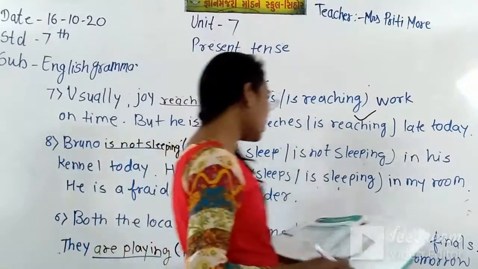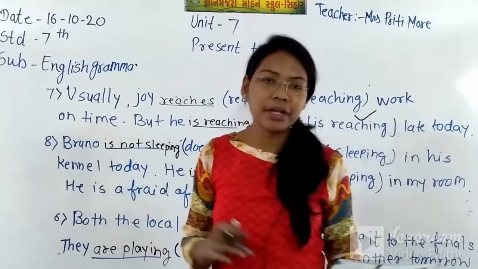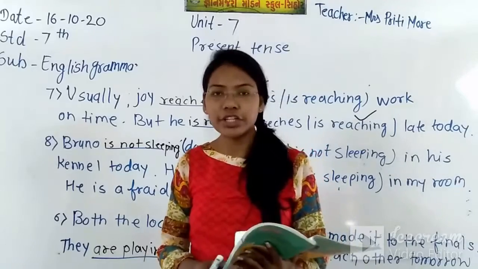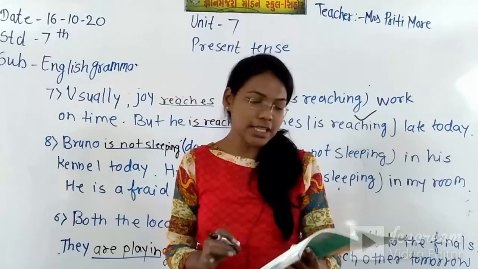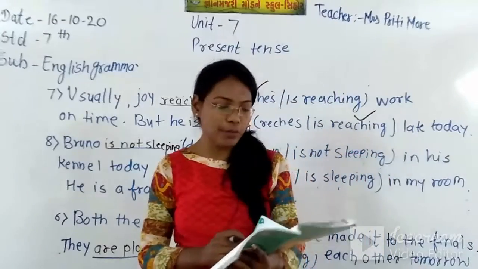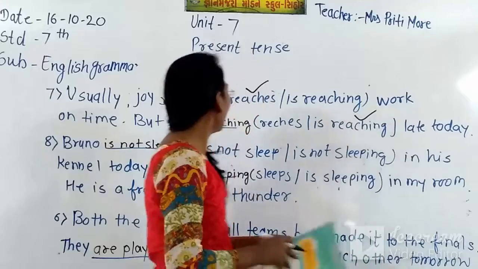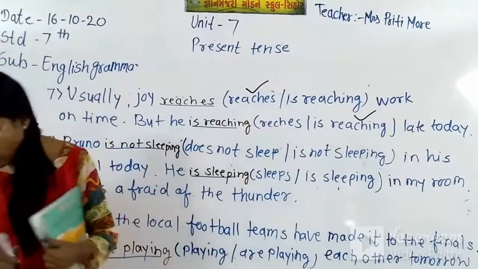Now here we have completed unit 7, present tense. Simple present we have seen, present continuous also we have seen. Focus exercise, practice A, B, both these exercises we have completed. Now the extension exercise is your homework. So I just write the homework here.